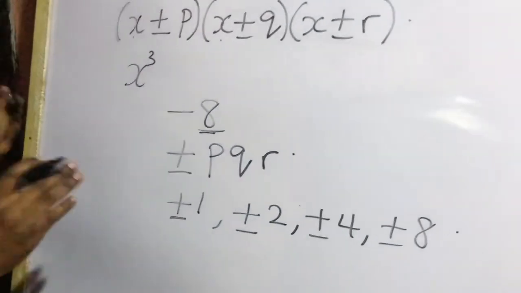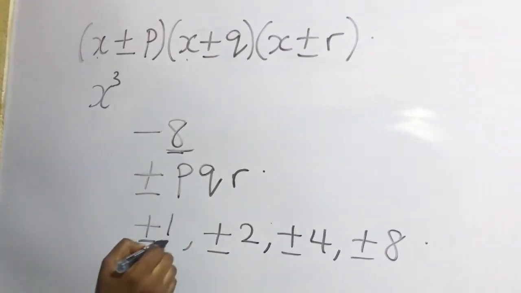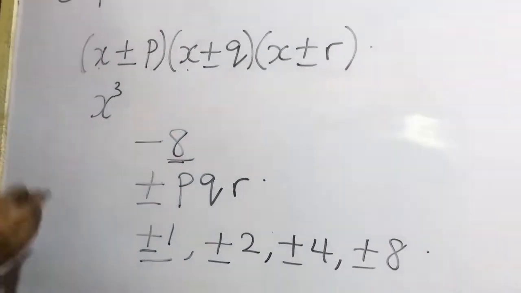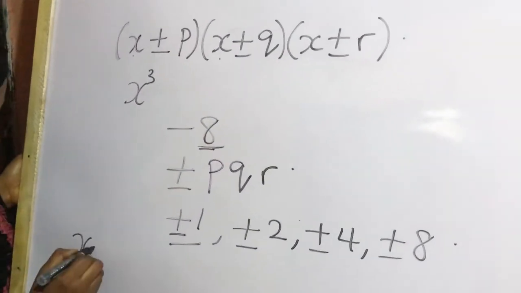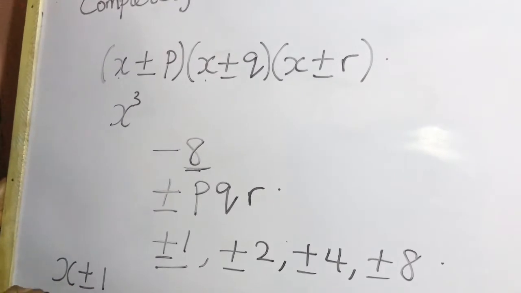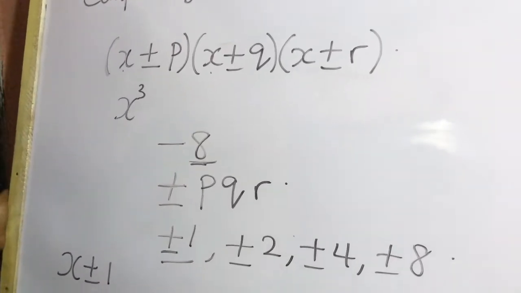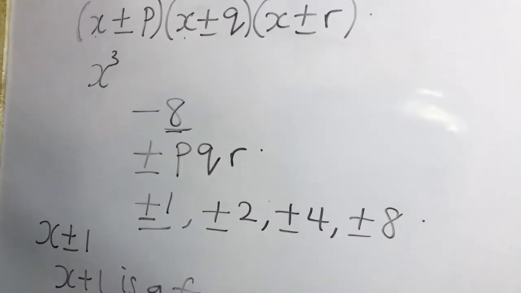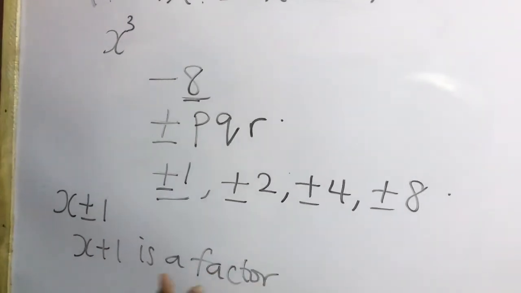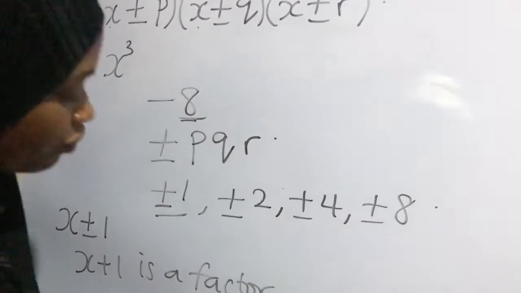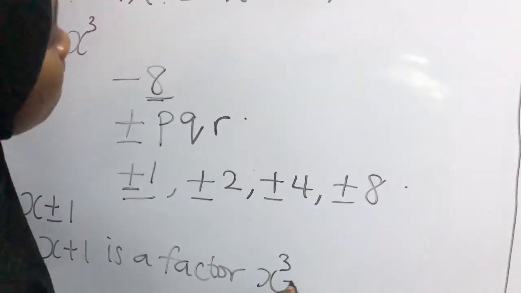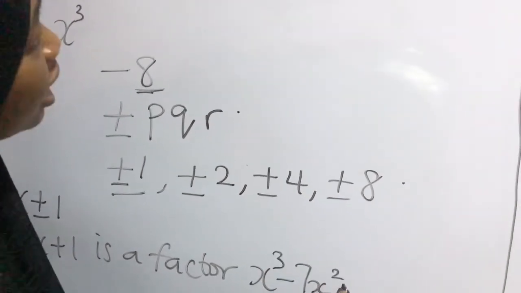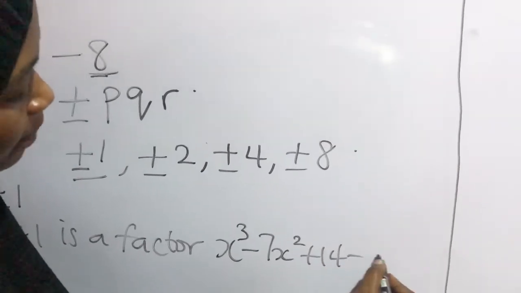So the first thing now is to test for plus or minus 1. Let's check whether x plus 1 is a factor of x cubed minus 7x squared plus 14x minus 8.